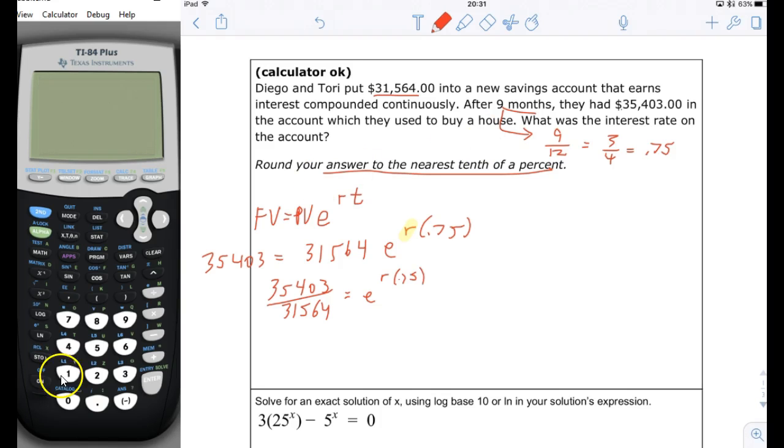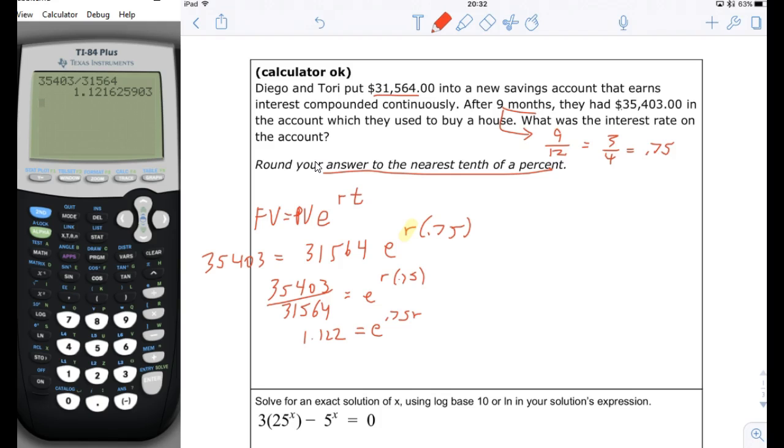Let's see what that equals here. 35,403 divided by 31,564. Okay, it's 1.122. 1.122 equals e to the 0.75 r.